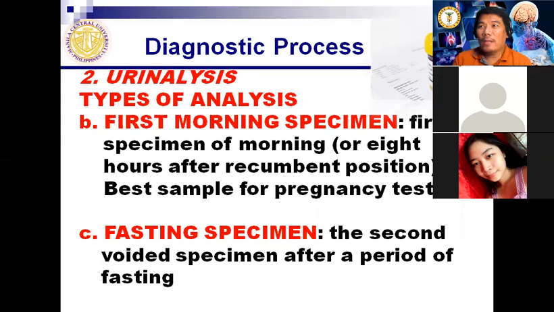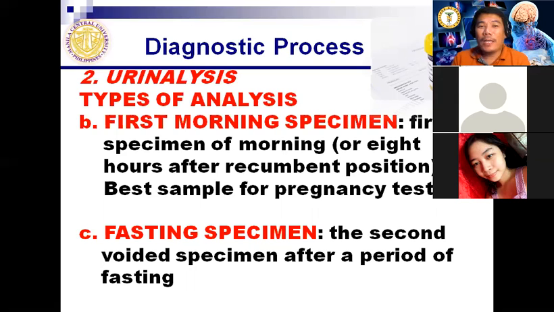And if the doctor will tell you to please facilitate a first morning specimen, meaning the specimen will be collected in the morning, and the client will be instructed to stay for 8 hours in recumbent position, so that it facilitates the bladder urge and emptying of the bladder at the first time in the morning.